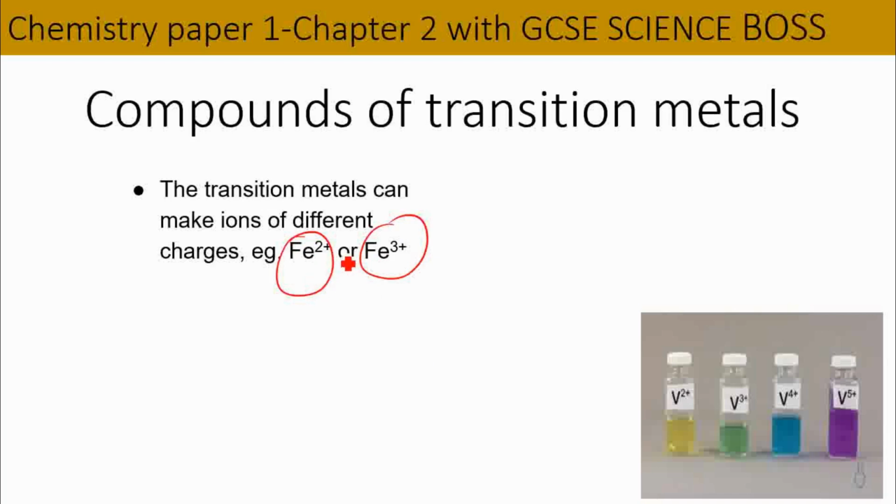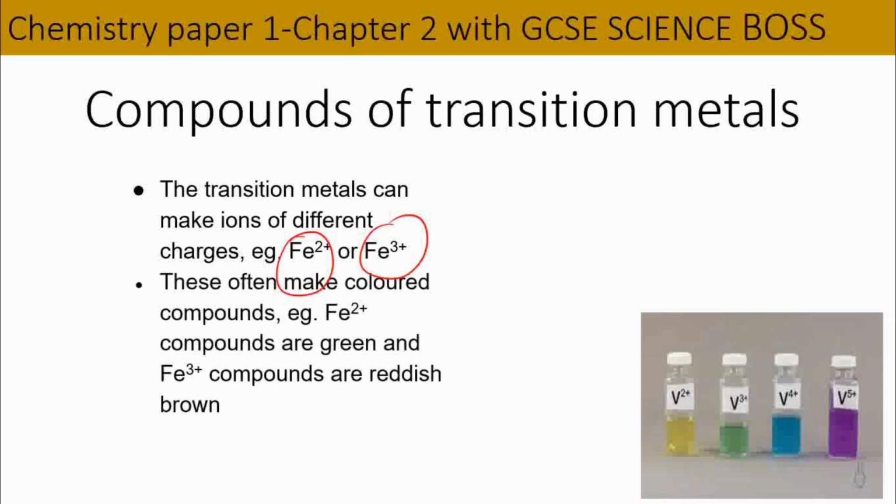So if you think about iron, Fe2+, Fe3+, look at something like vanadium. It has 1, 2, 3, 4 different charges there, transition states, and they have different colors. Because of that, they form colored compounds. Good, and that summarizes what you need to know for chapter 2.